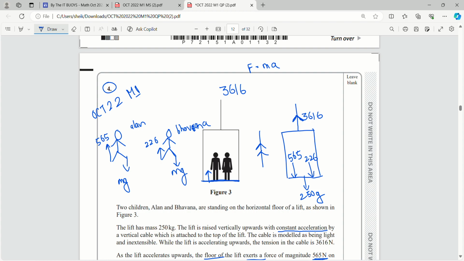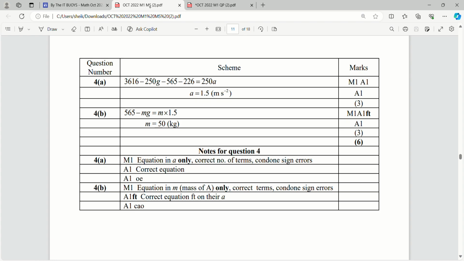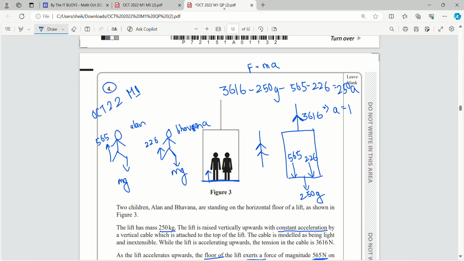So tension is going to act away from the lift. 3616 minus 250g minus 565 minus 226 equals ma, and they've told me that the lift has mass 250 kg, so that's going to be 250 times acceleration. If you solve this, you will get acceleration to be 1.5 meters per second squared.